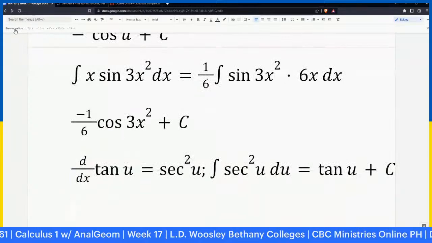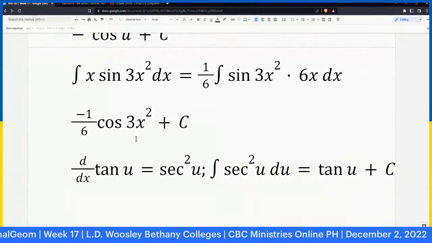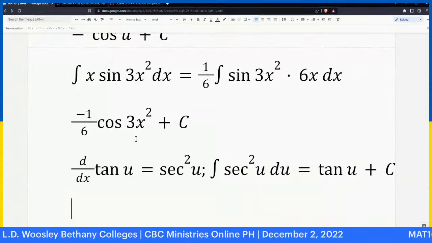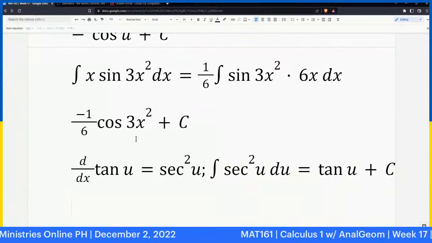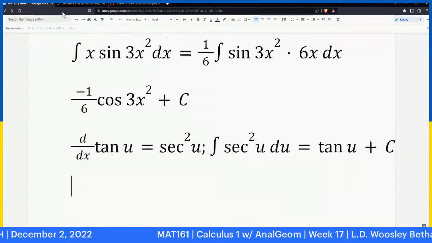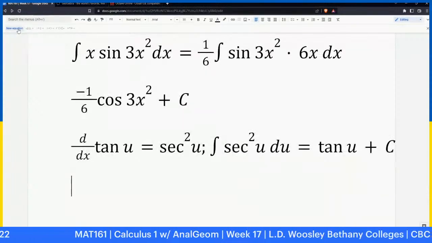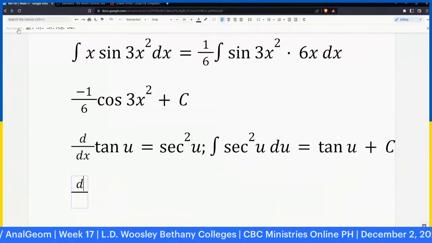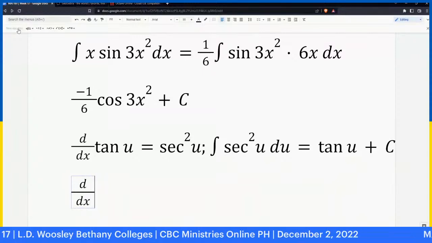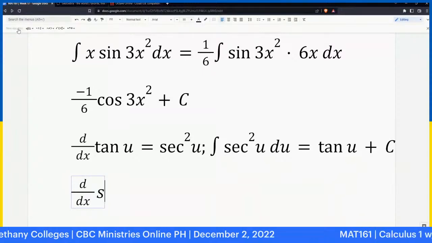So what else? What other? Okay, derivative of secant.